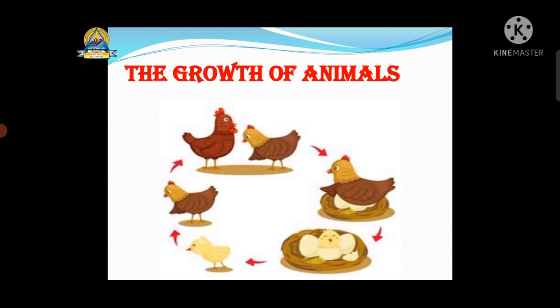Because these animals are so small, and that is why their eggs are too tiny. We will hardly notice them. But we know for sure that a hen lays eggs and her eggs are big enough to be easily seen.